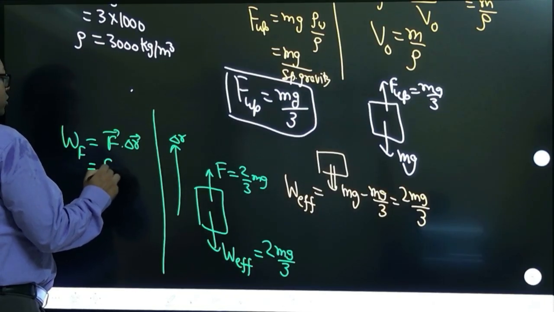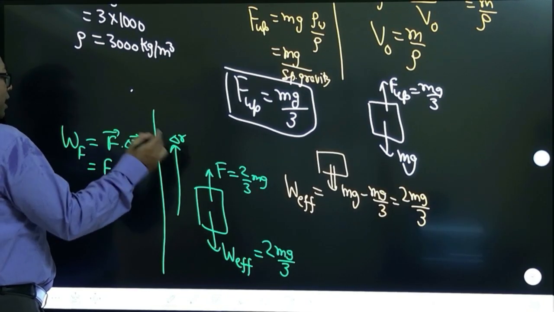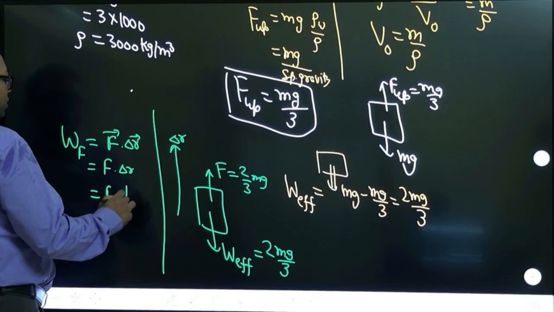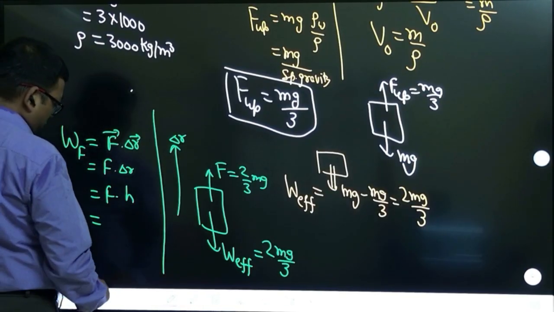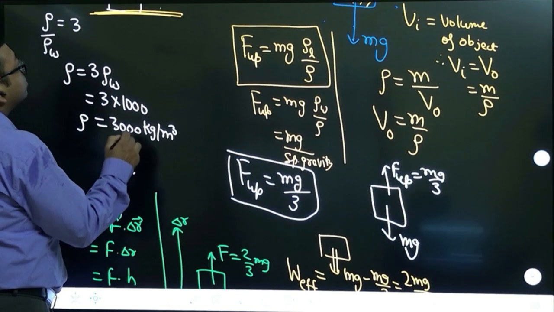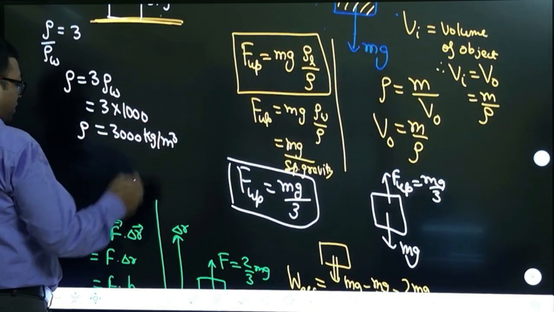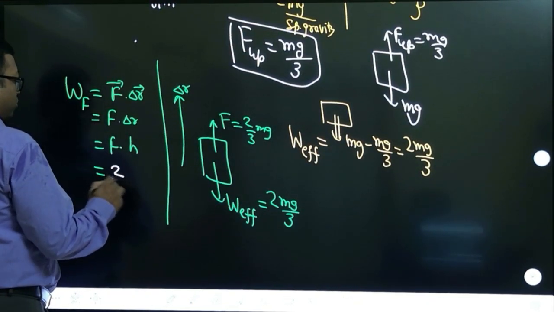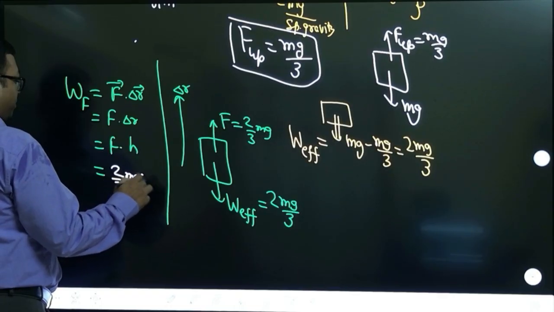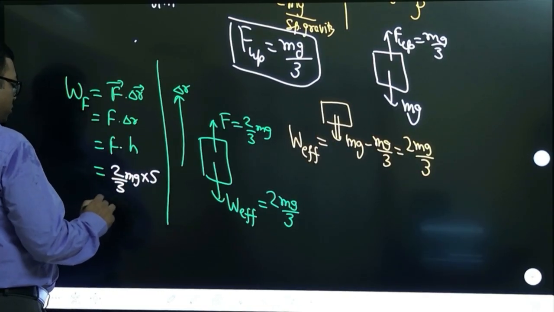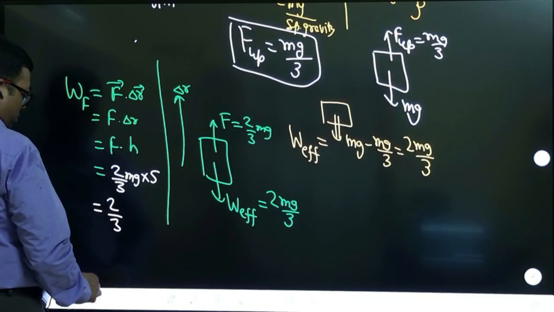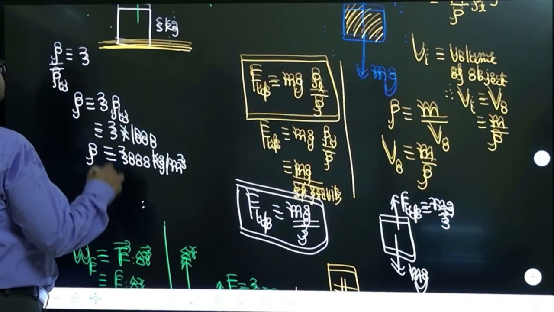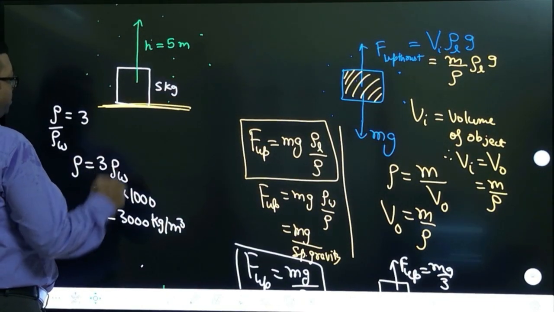So force into displacement means height. How much height are you lifting? 5 meters, correct? So substitute: 2/3 mg into 5. Mass they have given: 5 kg.